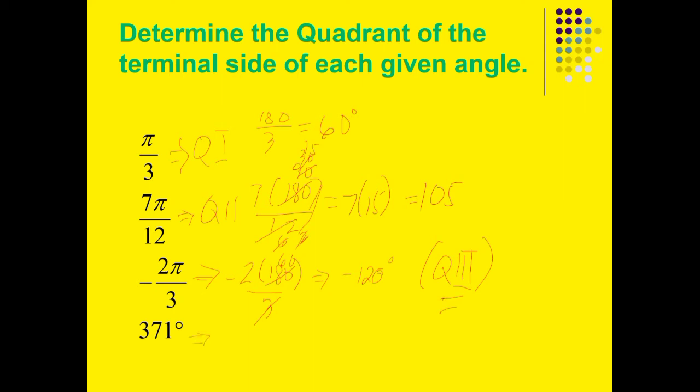Then the last one, we come up with 371 degrees. It is one complete revolution, so subtracting 360 we come up with 11 degrees, which belongs to quadrant 1.